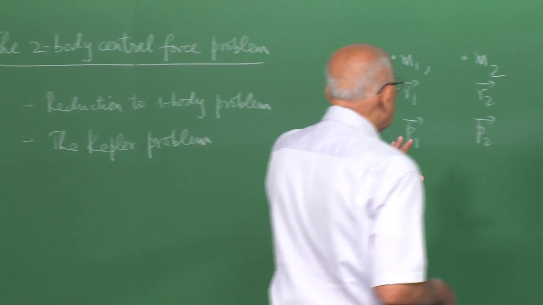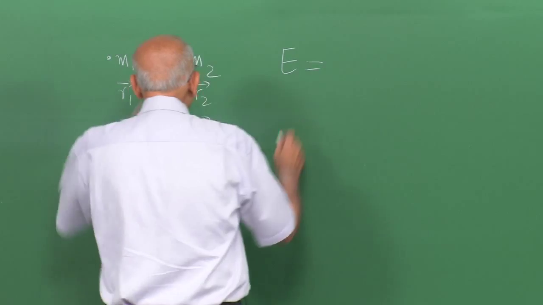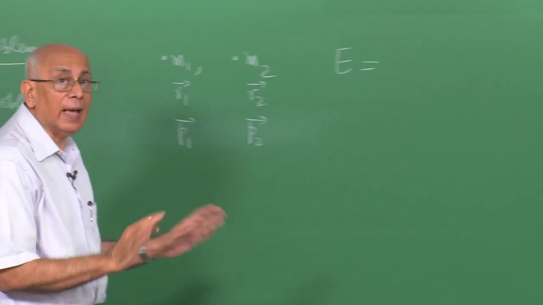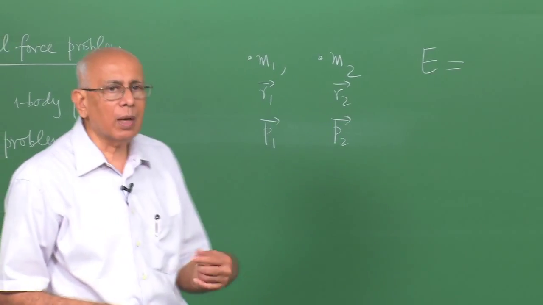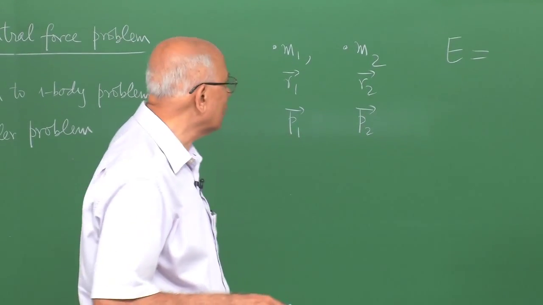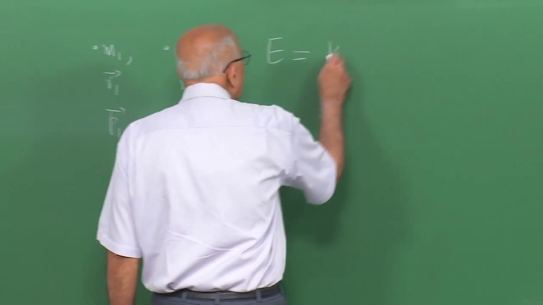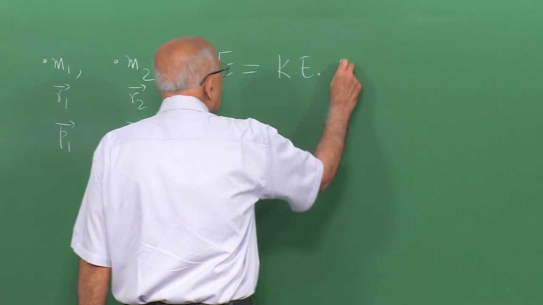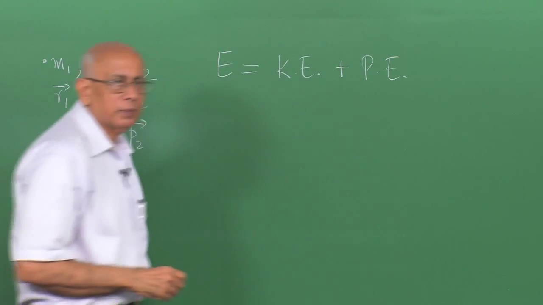Now, the first thing that we have is the total energy of this system of two particles, and there is nothing else in the universe, just these two particles moving slowly compared to the speed of light in vacuum, so it is non-relativistic. The total energy is the kinetic energy of the two particles plus the potential energy of the two particles.